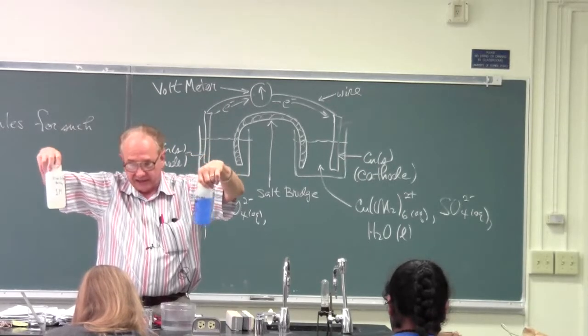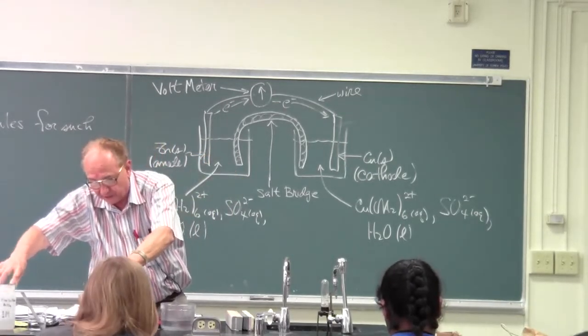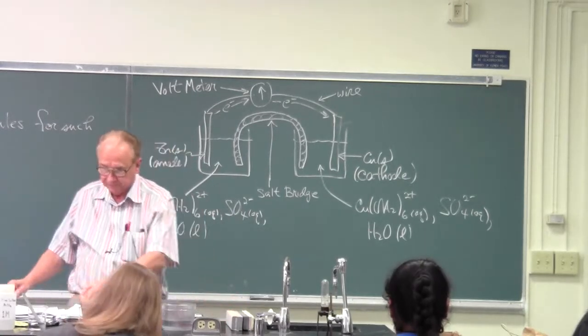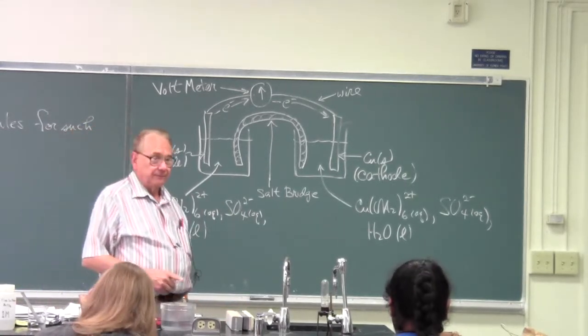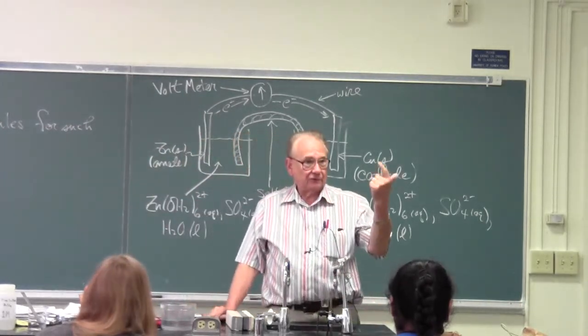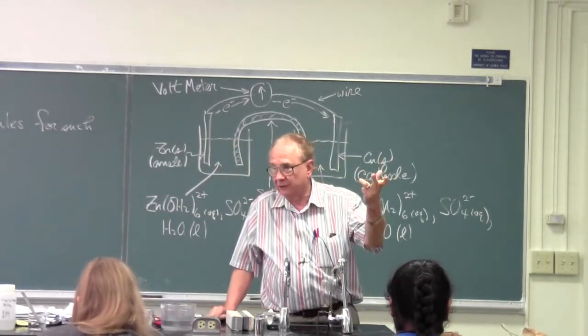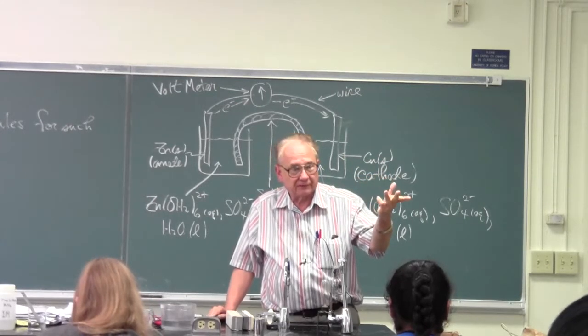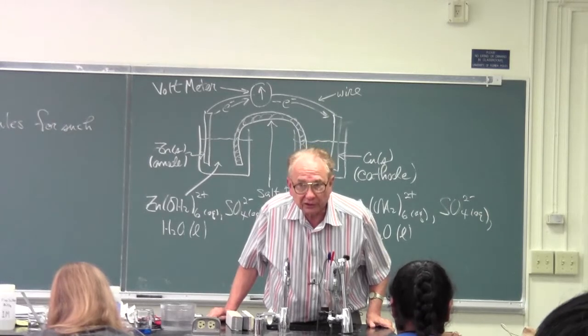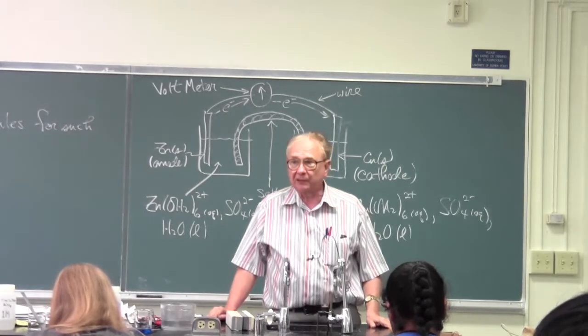We've got, for our example, 1 molar, since these correspond to standard state concentrations. That's it. From these 4 chemical materials, copper strip, zinc strip, a solution of copper sulfate, a solution of zinc sulfate, how can you construct an electrochemical cell which will function so as to deliver usable electrical energy?